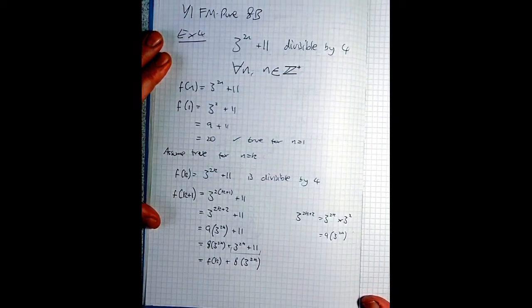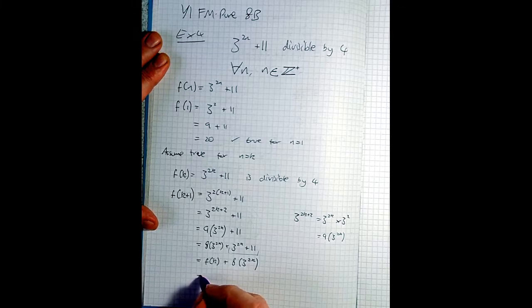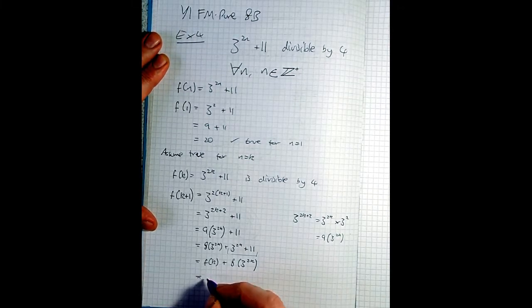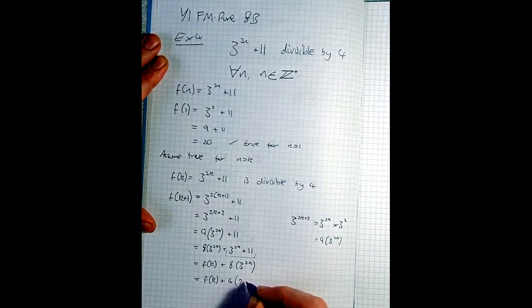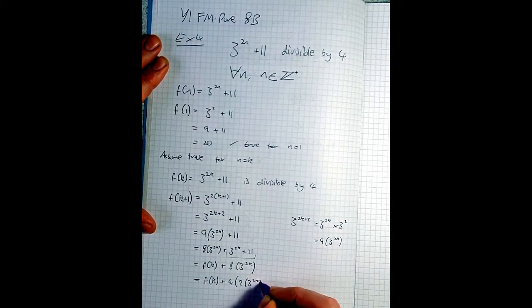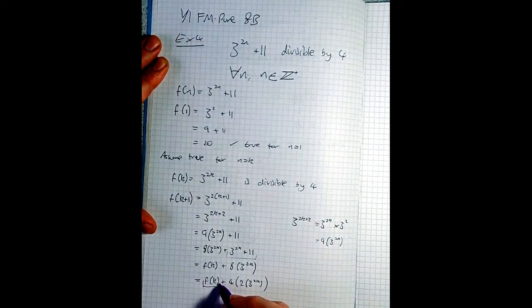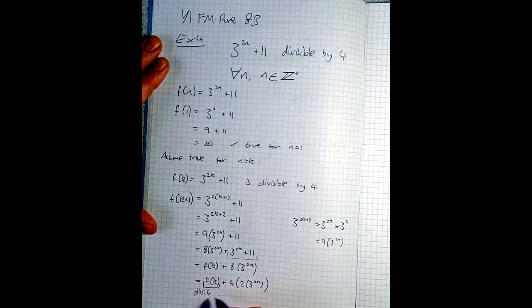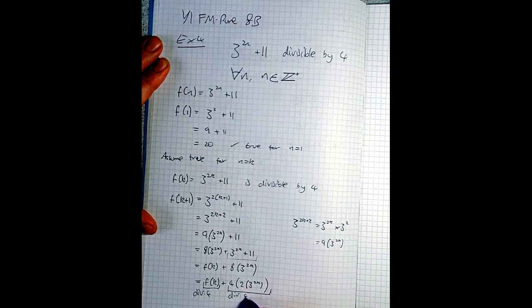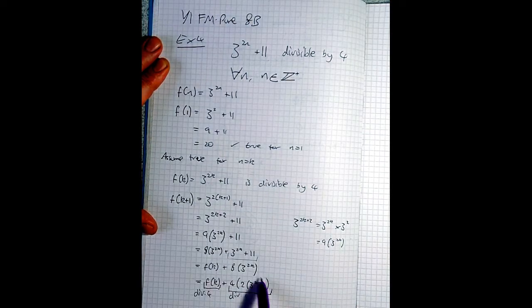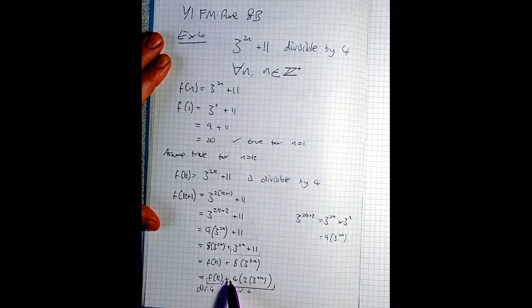Move up the page a bit. Remember, I want to show that it's a multiple of 4, so I'll write it as a multiple of 4. Now, since that's divisible by 4, and I'm adding on a multiple of 4, the whole thing must be divisible by 4.